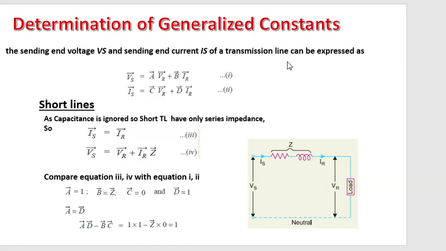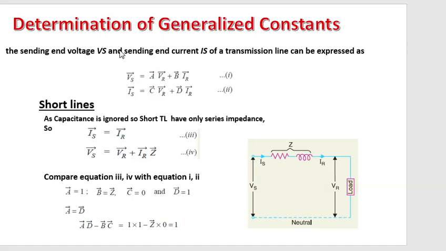Now we will determine these constants' values for the short, medium and long transmission line. First of all, we will find the values of A, B, C and D for short transmission lines.